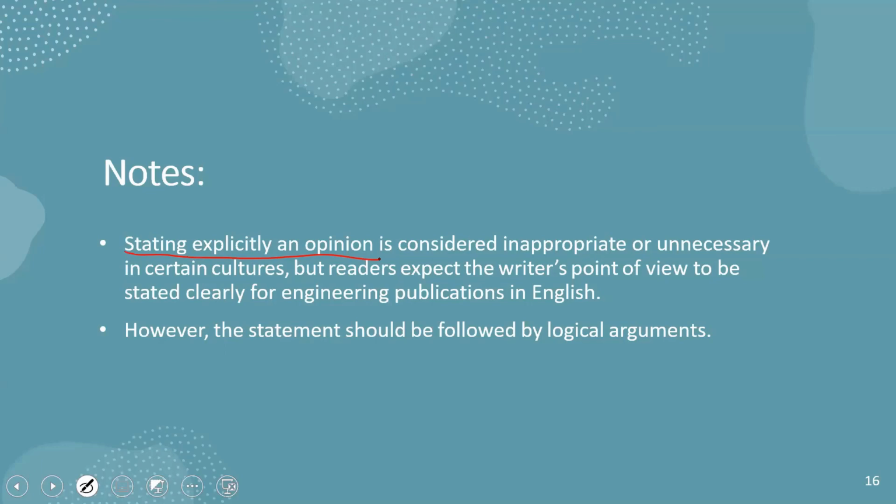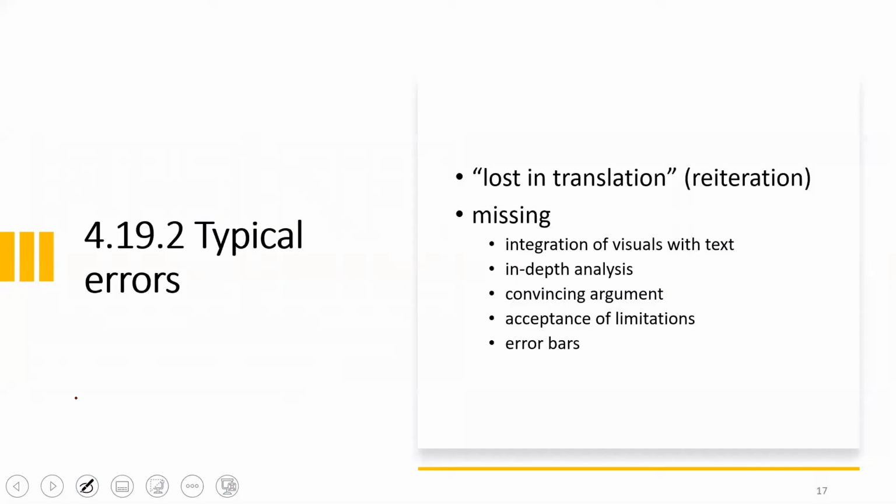Although sometimes in some cultures it's not welcome to be that straightforward, in English writing they are straightforward, just clear, state clearly. However, your statement should be followed by a logical argument. Readouts and the discussion. Remember, there is an "and," not just readouts. A typical mistake is lost in translation.